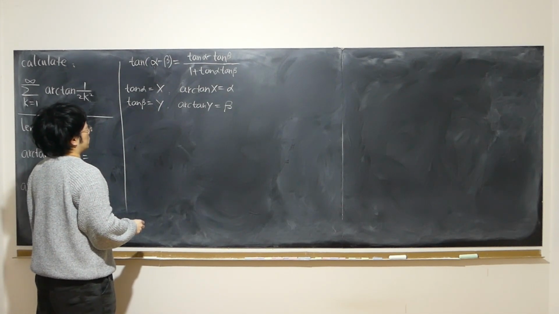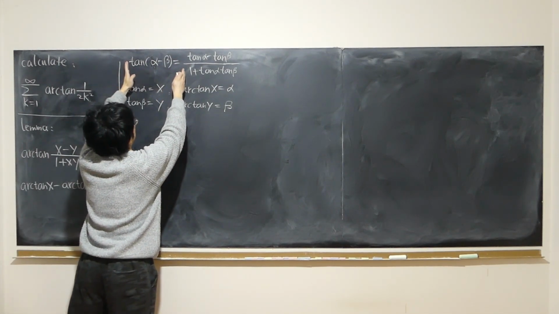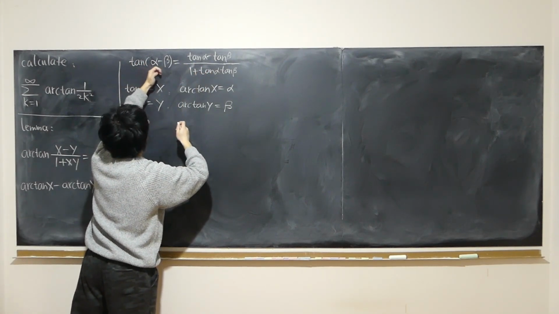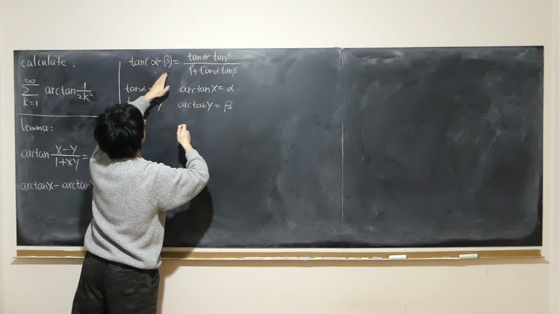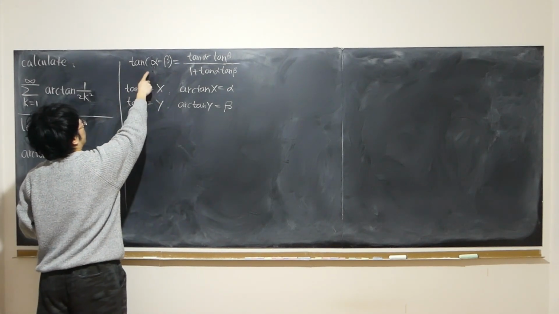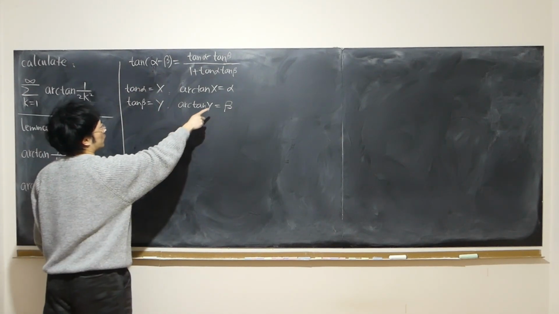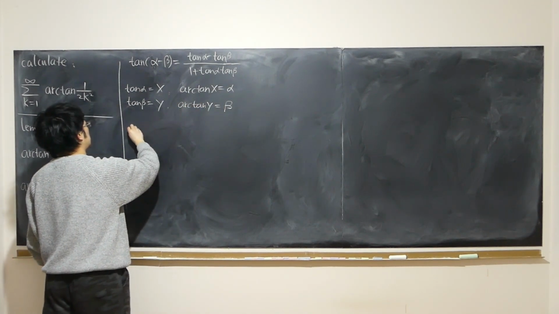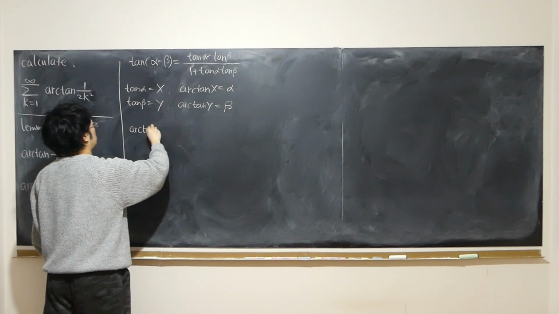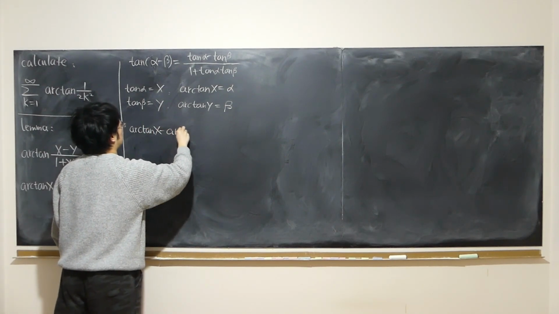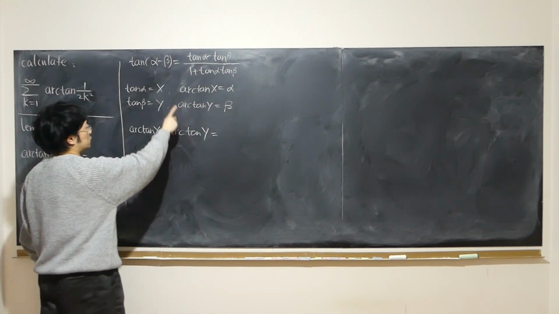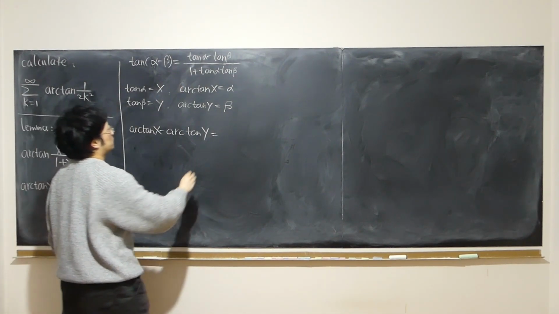So in other words, we can just take the arctangent of both sides. Arctangent of tangent of alpha minus beta is just the angle itself, just alpha minus beta. And alpha minus beta is just arctangent x minus arctangent y. And that is equal to arctangent of the right-hand side.